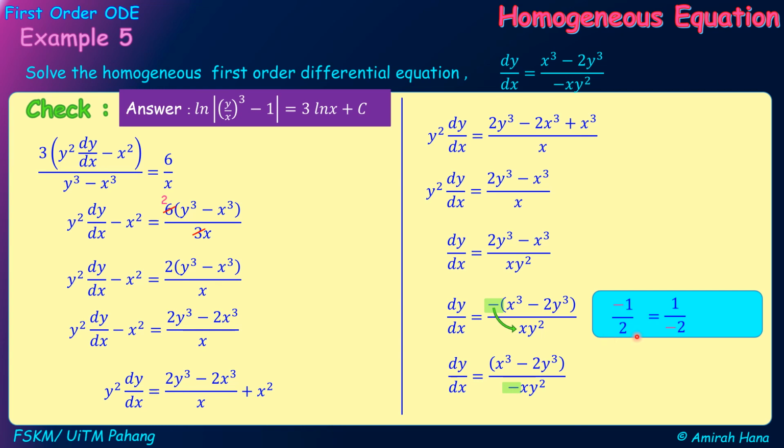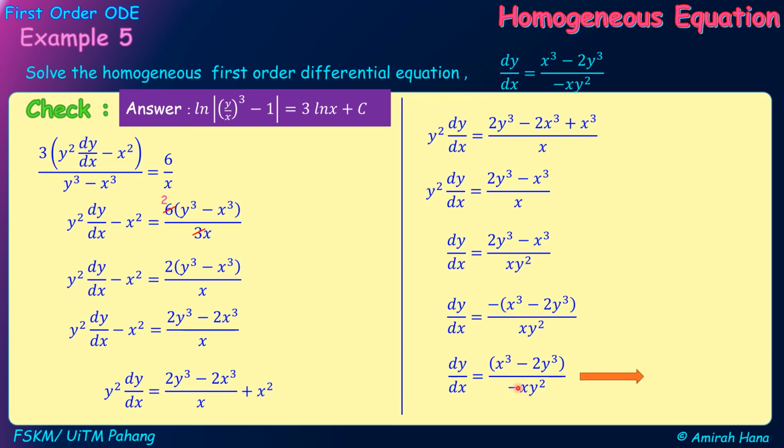But it is equivalent because negative over positive equals negative, and positive over negative also equals negative. So negative 1 over 2 equals 1 over negative 2, which equals negative 1 over 2. So that's why we can move the negative sign from the numerator to the denominator. But make sure the operation in between must be multiplication.